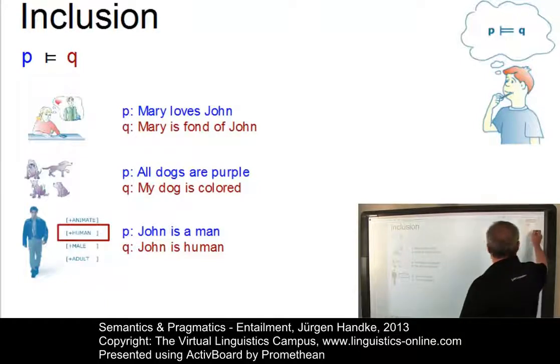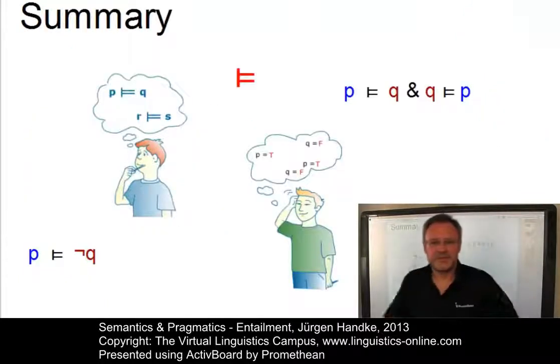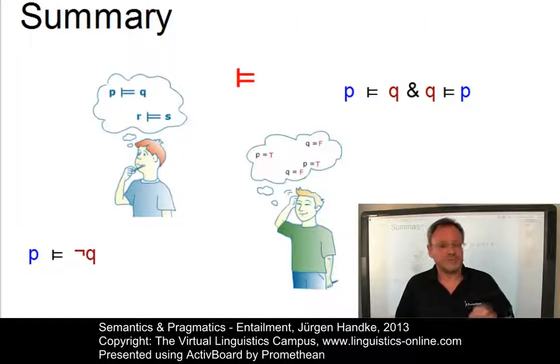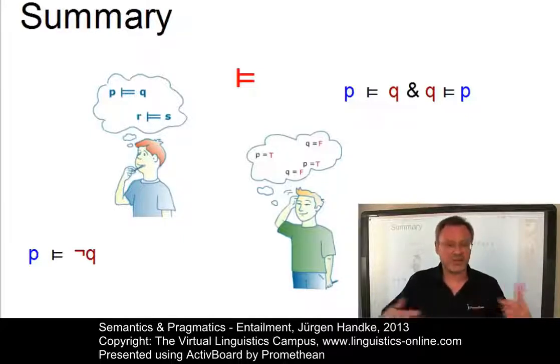Well, that's it. This e-lecture should have outlined the essential ideas of sentence semantics, where sentence meaning is defined in terms of propositions, which in turn can be true or false. Furthermore, it should have demonstrated how we can draw inferences from true propositions, the so-called entailments, and how entailments can be used to define propositional relationships.